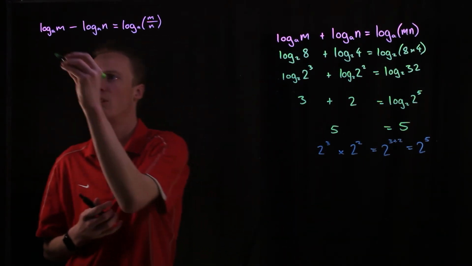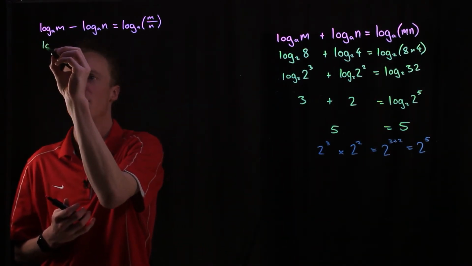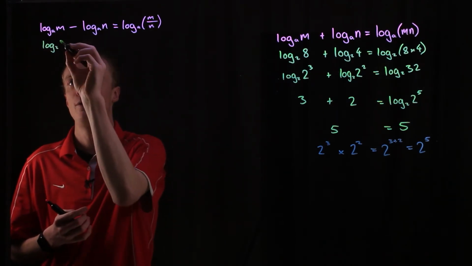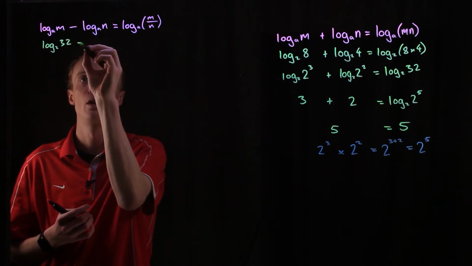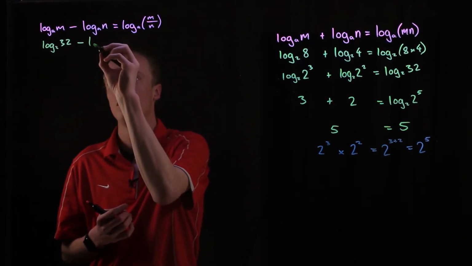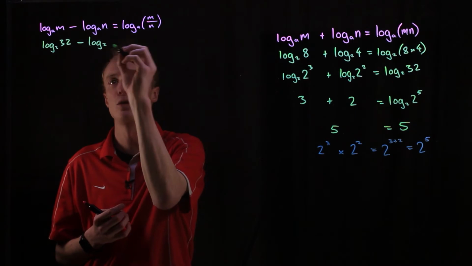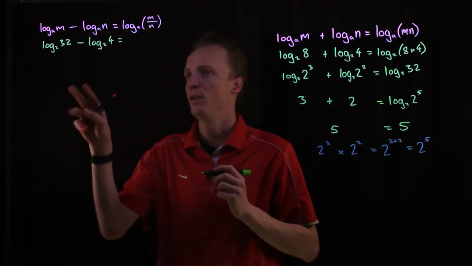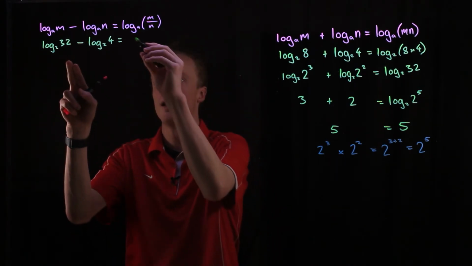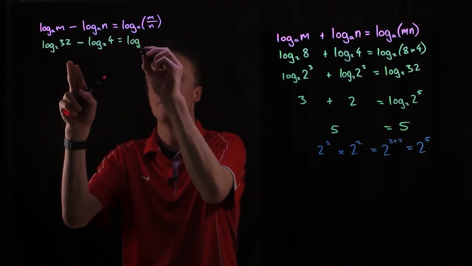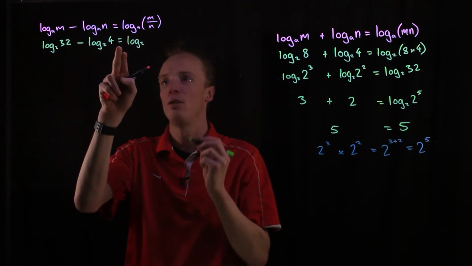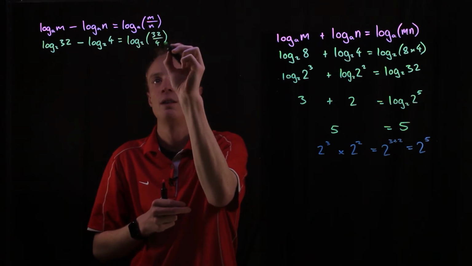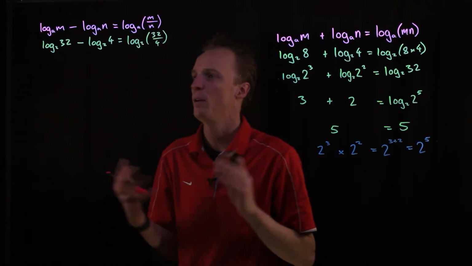Let's say I've got the logarithm of base 2 of 32 and I subtract the logarithm of base 2 of 4. Well, applying this law here, that'll say that I'm going to have the logarithm of base 2 of 32 divided by 4. So let's evaluate this now and see where we get.